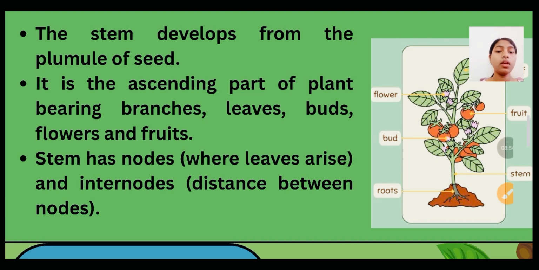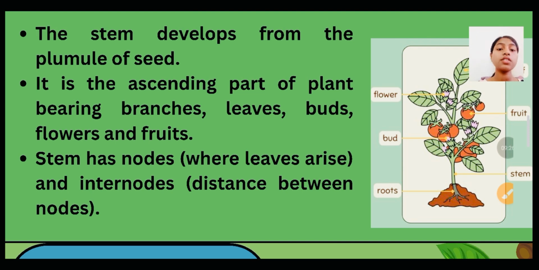So the stem grows upward from the plumule and bears branches, leaves, buds, flowers, fruits, and it has nodes where leaves grow and internodes, the space between nodes.